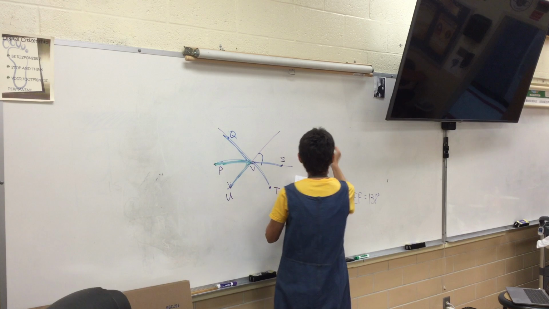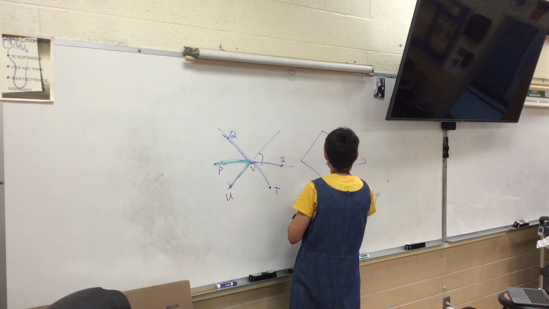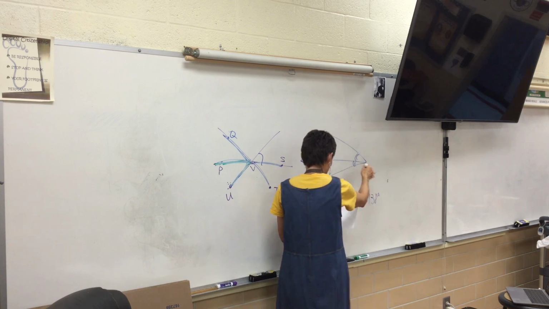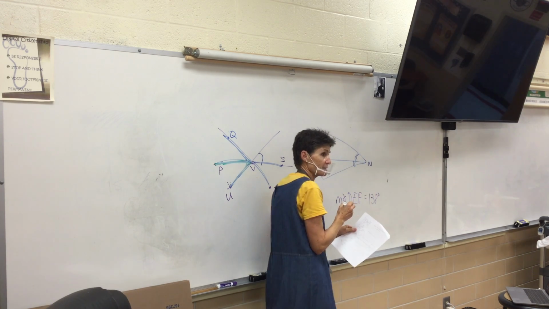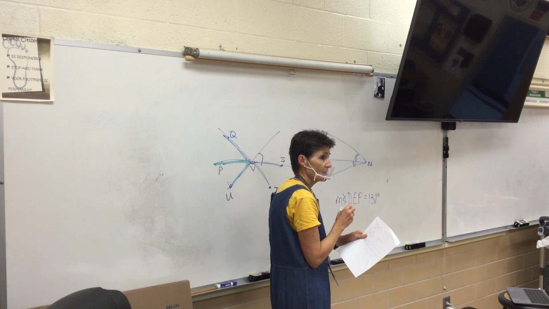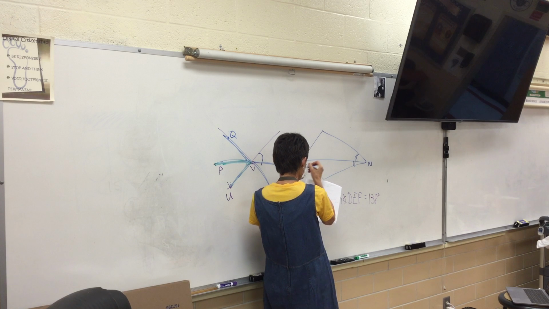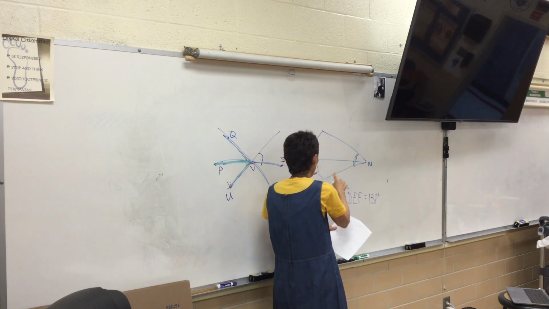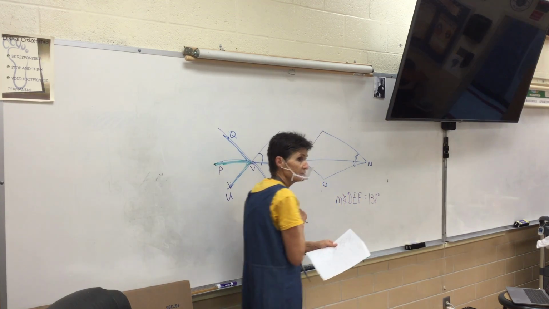So if you are talking about these 2 angles right here, then N has to be your vertex. So N has to be the middle letter. But yes, it could be named 2 ways. It could be named LNO or ONL.